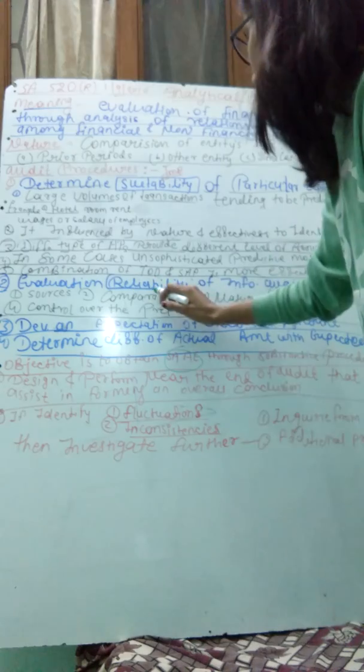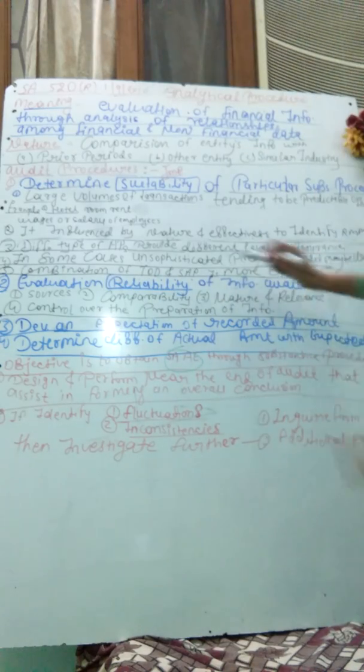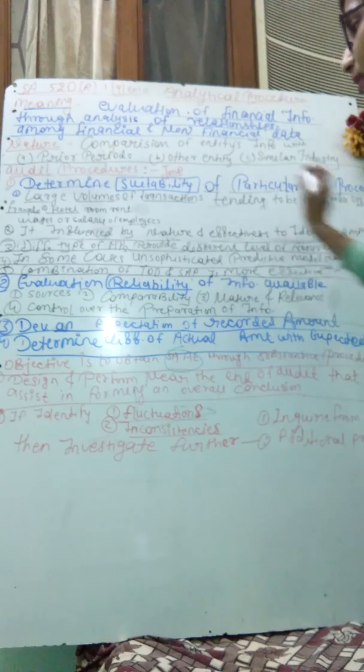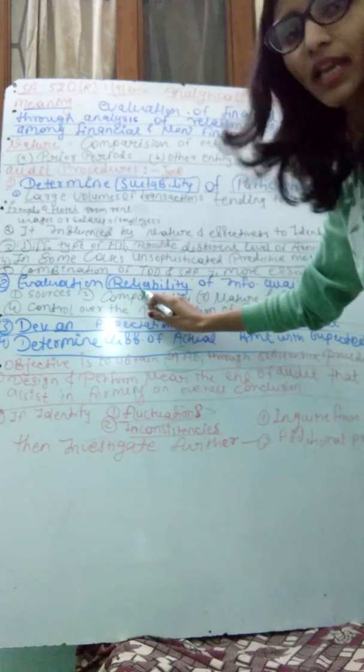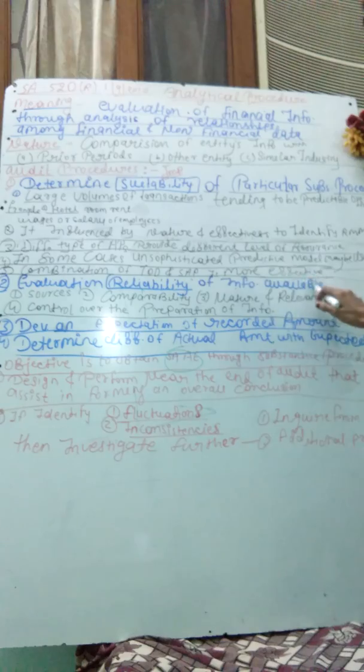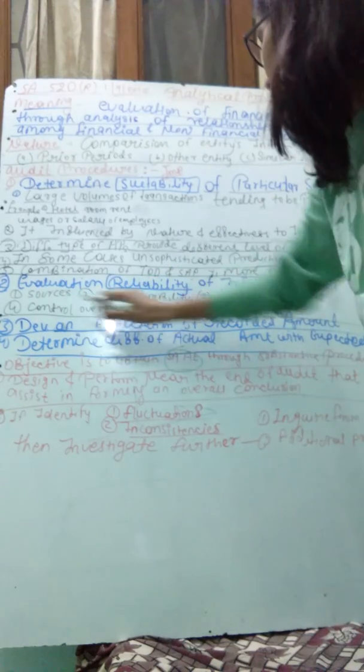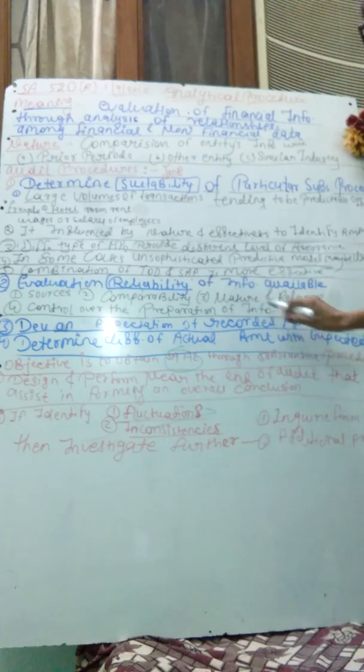Then evaluation of reliability of the information available. First, determine the suitability of the particular substantive procedure. Then evaluate the reliability of the information available: sources, comparability, nature and relevance, control over the preparation of information.